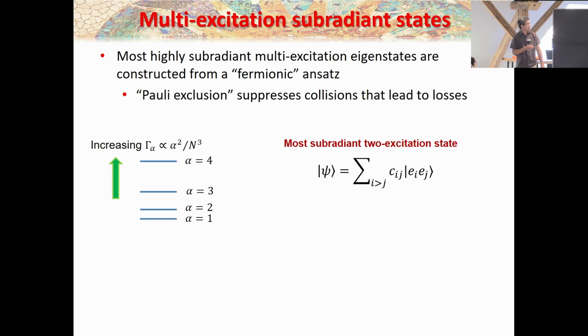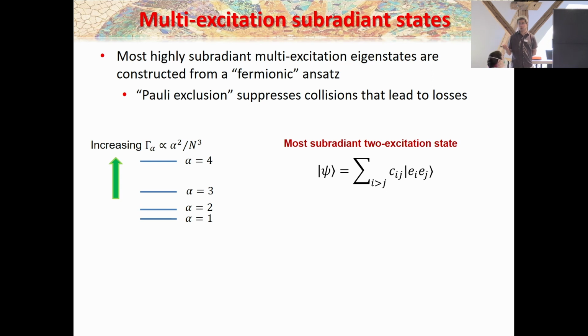I guess I don't have time to really get into the details. But what you can do is check that. So basically what we're trying to do now is understand subradiance beyond one excitation. And it turns out that numerically, taking a fermionic ansatz works pretty well.